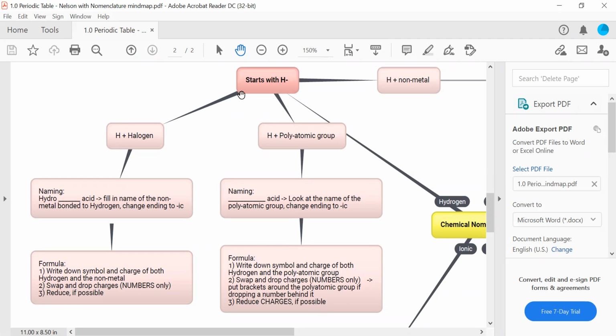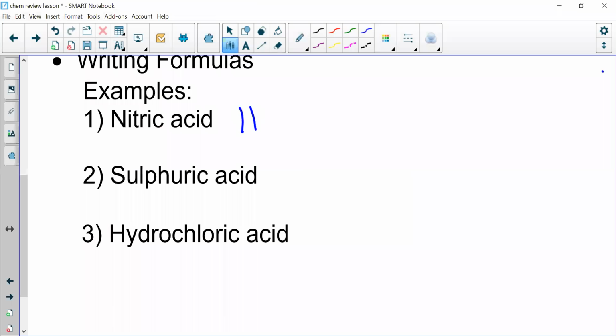Swap and drop, reduce if necessary or if possible. So nitric acid, I'll do this one for you guys, is hydrogen plus nitrate. Hydrogen being +1 always, when it's with a polyatomic ion group, and nitrate is -1. So this is just HNO3 with the swap and drop.